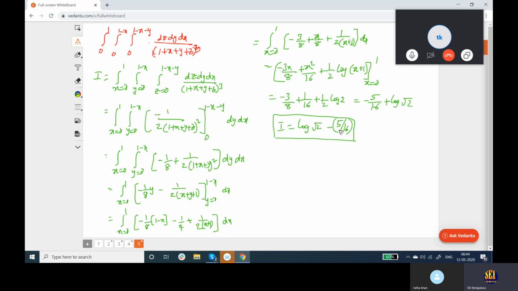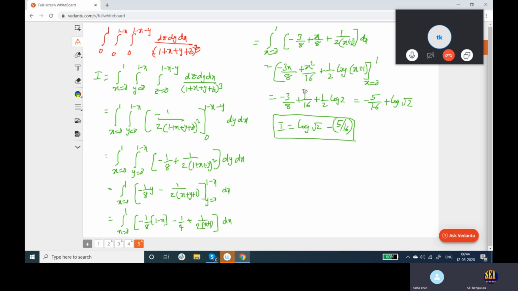This is. Sir, if log and constant come, we have to swap the places. In the final answer, minus 5 by 16 plus half log 2, we have to write it in the other order. Half log 2, generally that will be square 2 because 2 power half. 2 power half means half log 2 will come.